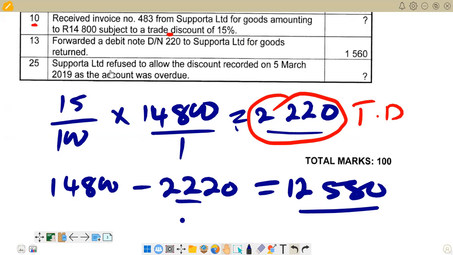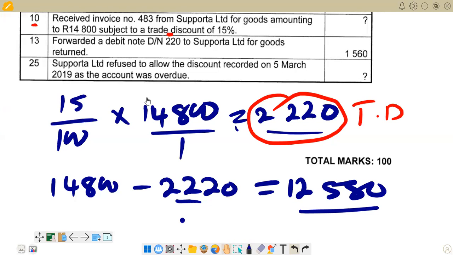So whenever we return goods to the supplier, remember we are buying goods on credit from the supplier, we create a creditor. And when we return those goods, for many reasons, we issue what is called a debit note. The debit note reduces the amount that we are owing to the creditor.